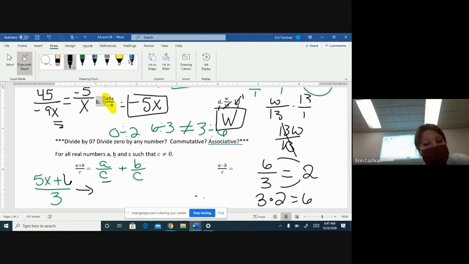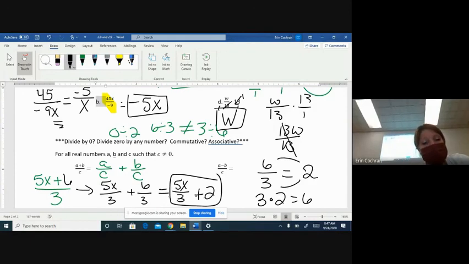Could I break this up to 5x over 3 plus 6 over 3? Yeah. And 5x over 3, can I simplify that? Can I simplify 5 divided by 3? Nope. So we leave it as 5x over 3 plus, but can I divide 6 by 3? Yeah. What is 6 divided by 3? 2. So this actually would be the simplest form of that fraction.